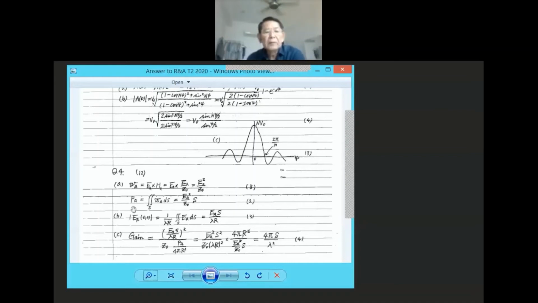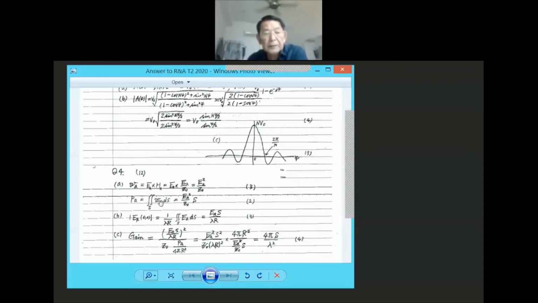And the total power is the power density on the antenna aperture. So omega A is this one. So the power distributed in the antenna aperture is equal to this one.